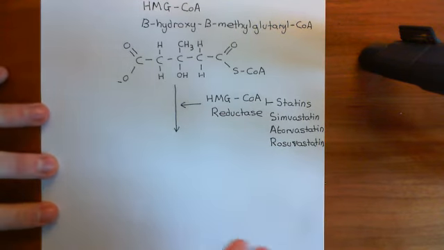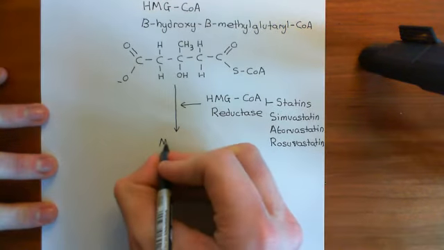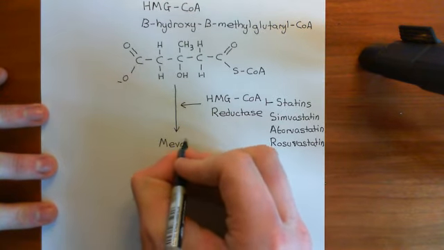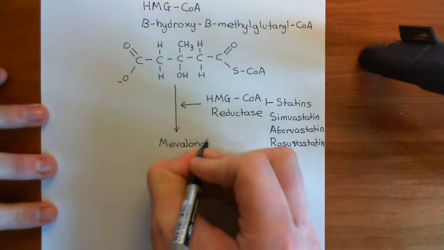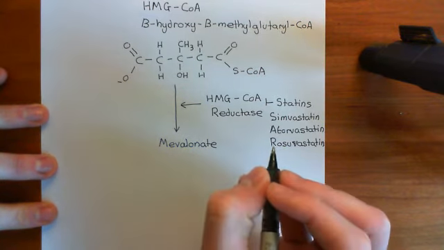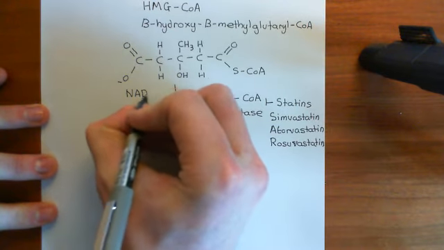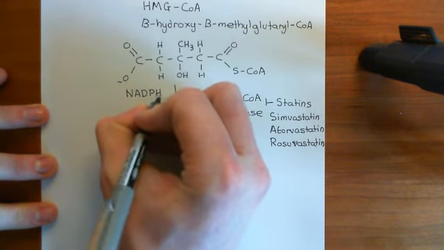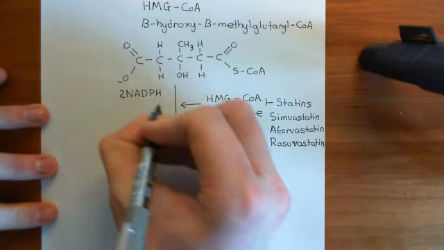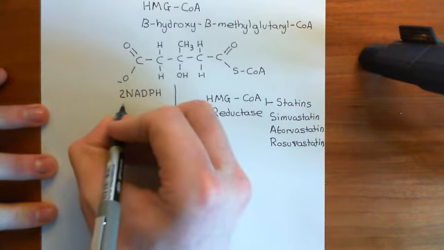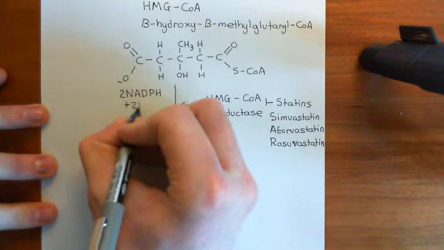Well, basically we're about to turn it into mevalonate. Okay, and to do this, what we need is 2 molecules of reduced NADP. Okay, so here come in our 2 molecules of reduced NADP, and remember those both carry hydride anions. In addition, we're also going to need 2 protons.